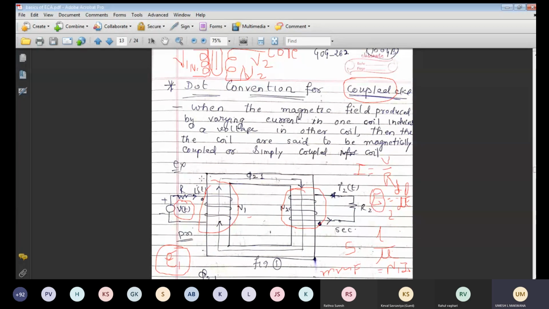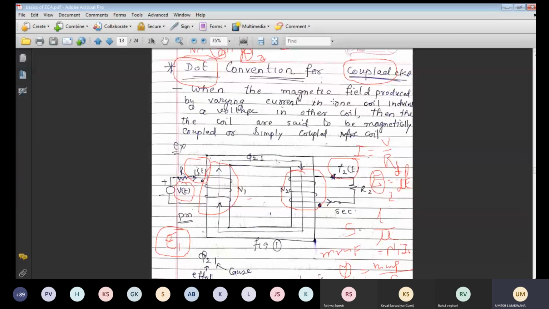So we have to link I1 and I2. That linkage of I1 and I2 is known as the dot convention. What is dot convention? We will discuss that in our next lecture. So this is the basic of the magnetic circuit.